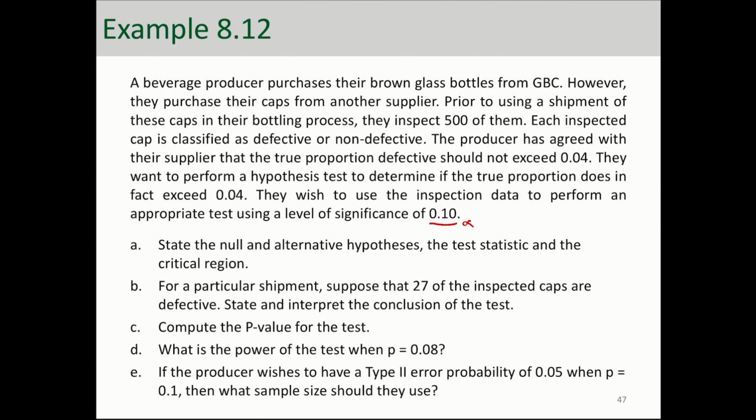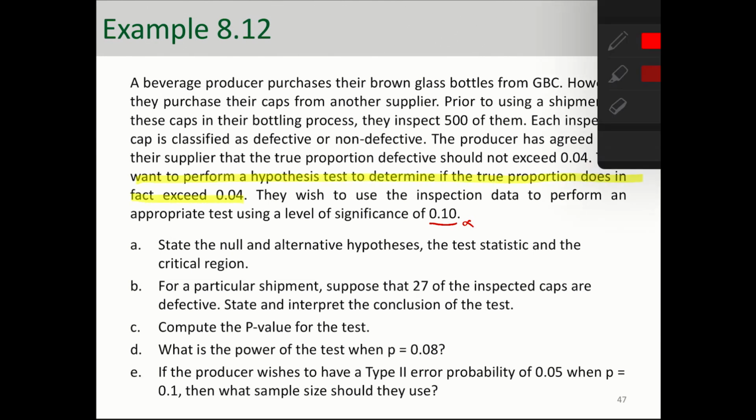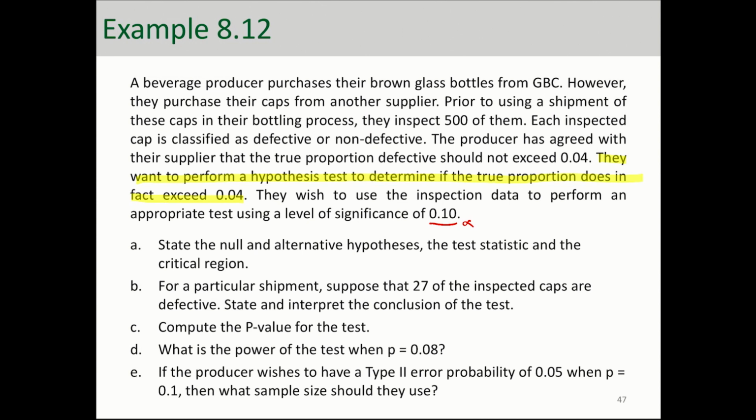So here you see that the key statement that tells you what type of test we are doing here is: does in fact exceed 0.04. So we're looking at a null hypothesis that says population proportion is 0.04. And again, this is not average or population mean. It's not mu. It's proportion.